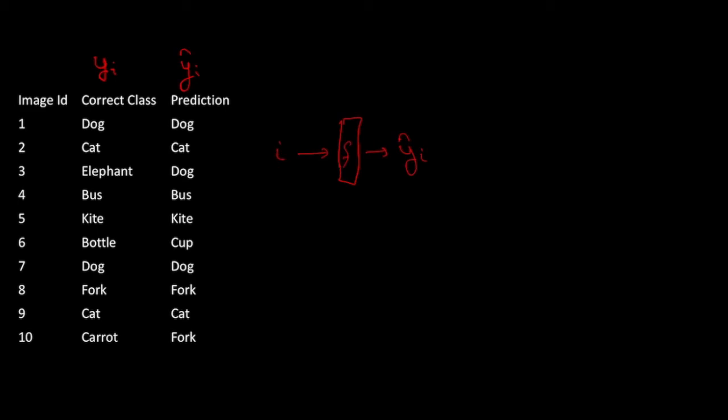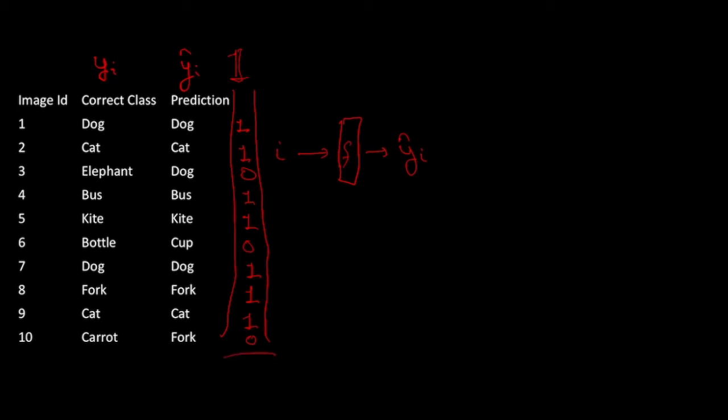Now, how do we measure the accuracy? Let's construct a fourth column which is just the indicator function value. It would be 1 in this case because dog is dog, cat is cat. So 1; elephant is not dog, 0; bus is bus, 1; kite is kite, 1; bottle is not cup, 0; dog is dog, 1; fork is fork, 1; cat is cat, 1; carrot is not fork, so 0.